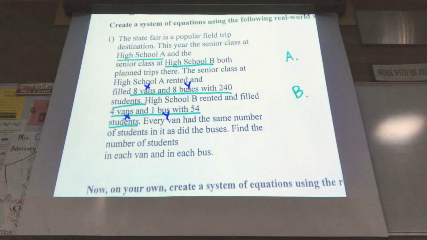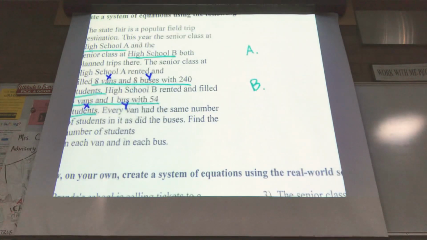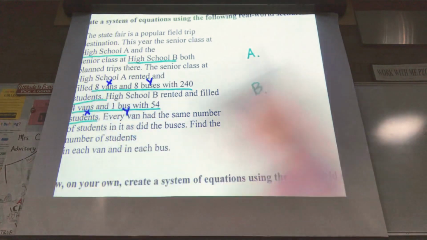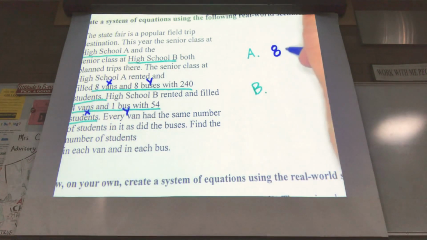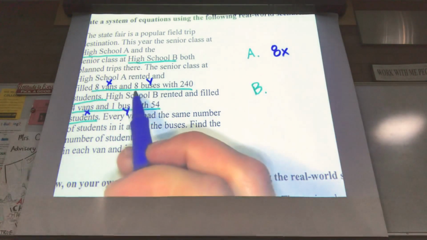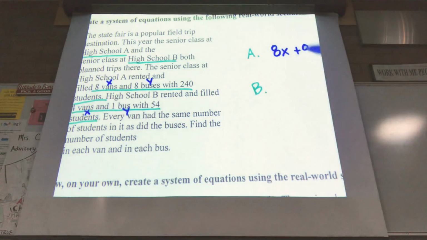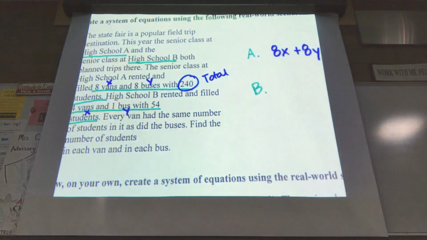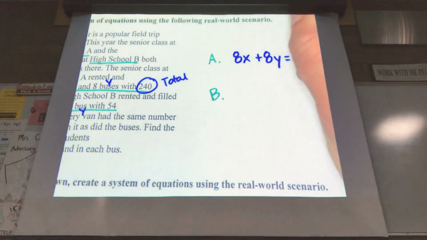Okay, so now let's fill it in. For our first system of equations, A, we see that we have 8 vans, or 8 times X, plus 8 buses, 8 times Y, equals a total number of students for high school A was 240.